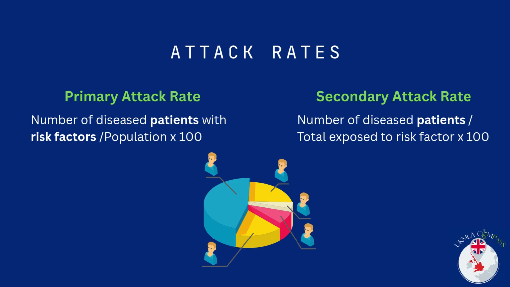This is the primary attack rate. The secondary attack rate is the number of patients who are diseased over the total number of people exposed to the risk factor, multiplied by 100. So we're trying to measure how many people this risk factor succeeded in leading to be diseased.